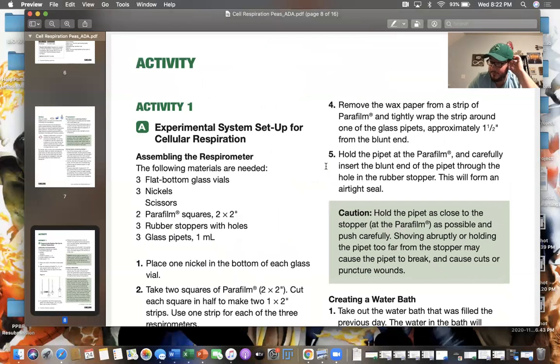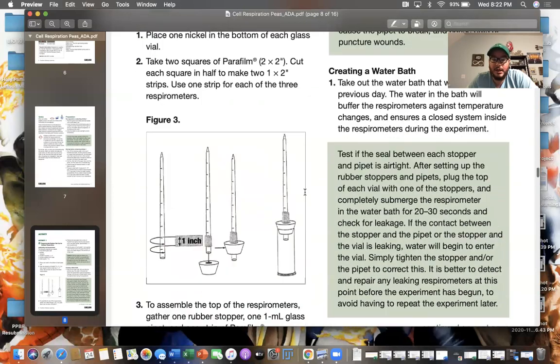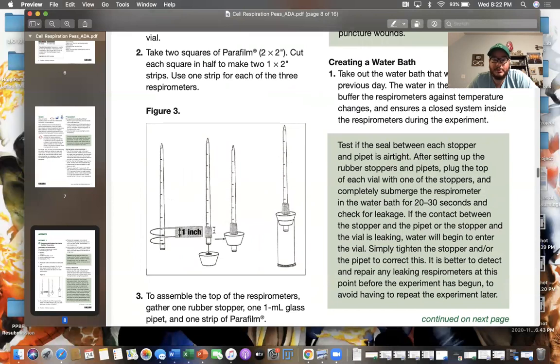Remove the wax paper from a strip of parafilm. Tightly wrap the strip around one of the glass pipettes, approximately 1.5 inches from the blunt end. If you have questions on that, you can refer to figure 3. What we're going to do is open up our glass pipettes.